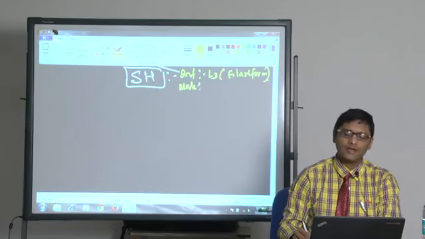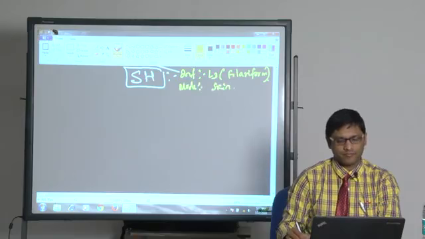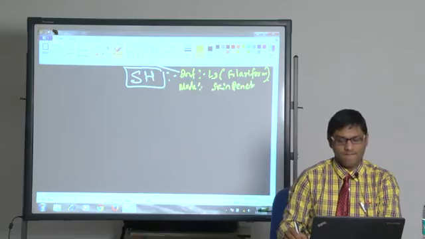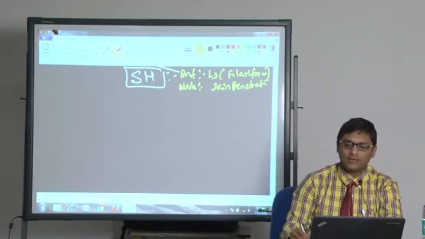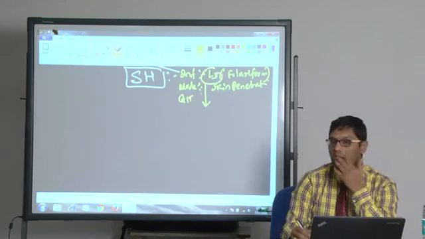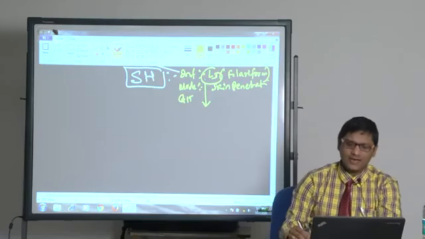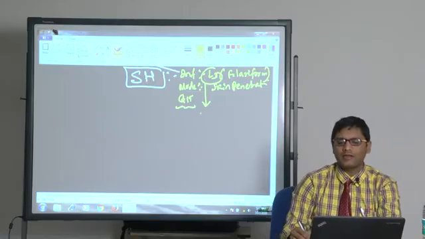Mode of transmission is skin penetration. So when the L3 larva penetrates the skin, comes to the GIT, inside the GIT the L3 larva will become adult.